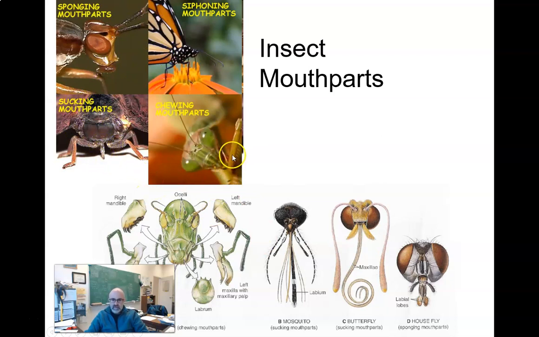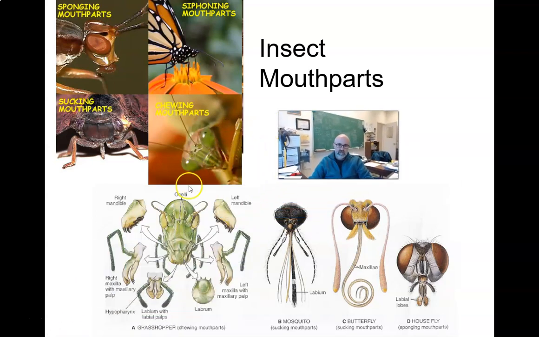They have mouth parts designed for chewing, and that may be chewing plant material, but also maybe chewing other insects. They have siphoning mouth parts that allow them to use the resource of nectar in plants, sponging mouth parts, and sucking mouth parts for blood. So all different ways of obtaining organic nutrients because of these mouth parts that insects have.